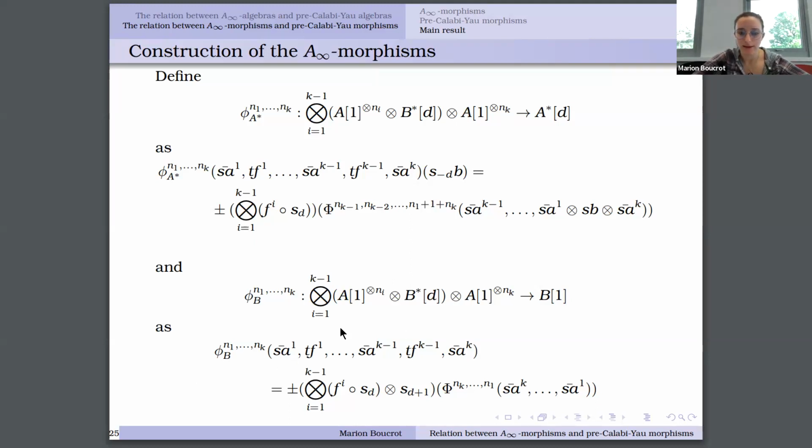So I apply on an element in here, and I will again use the pre-Calabi-Yau morphism to apply it on all the elements in A. This will produce K elements in B shifted by minus D. The K minus 1 first will be arguments of F and will then give us an element in K. And the last one, which is an element of B shifted by minus D, will be just shifted by D plus 1. So finally we have an element in B shifted by 1 as we wanted.